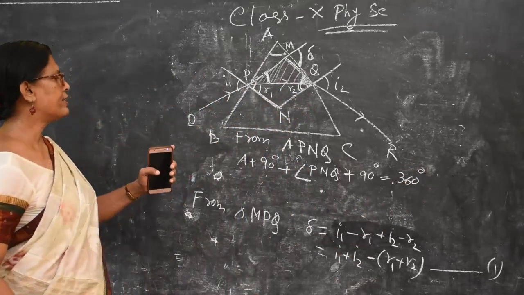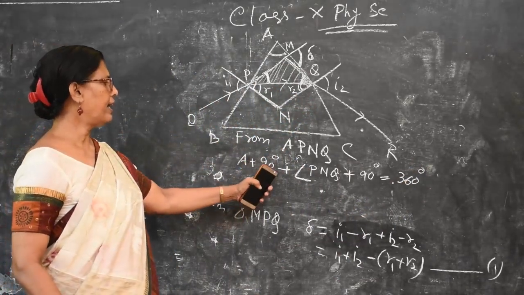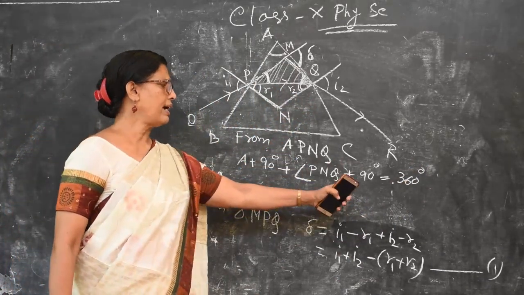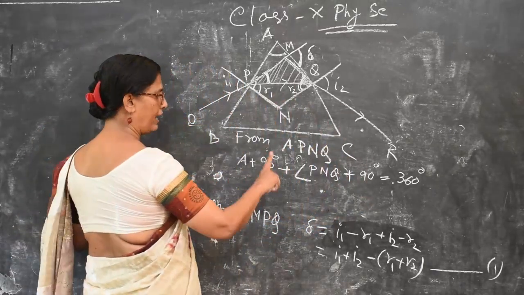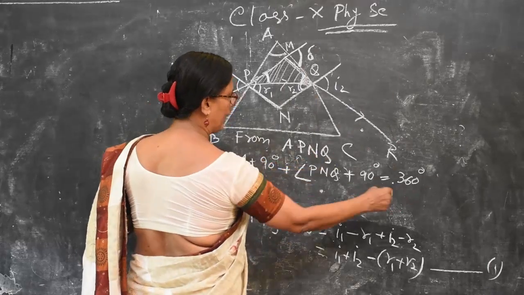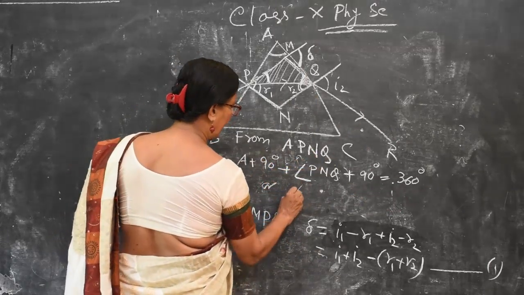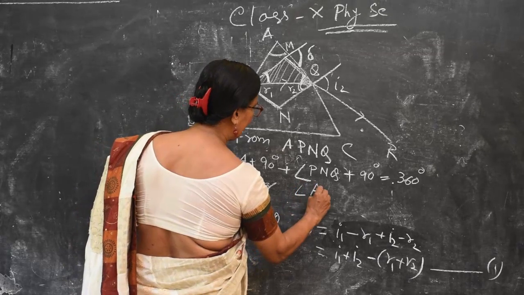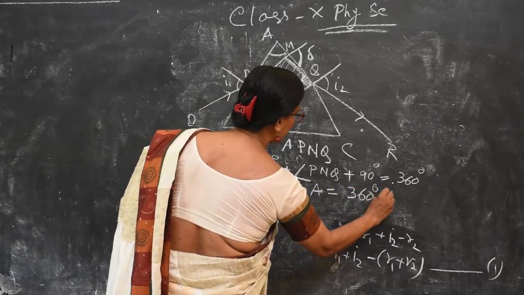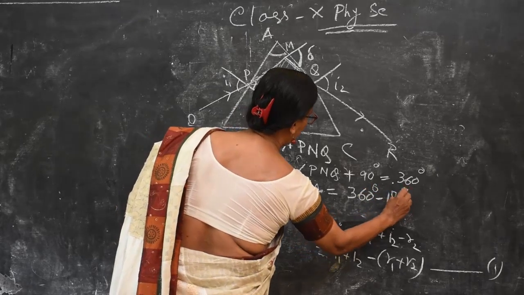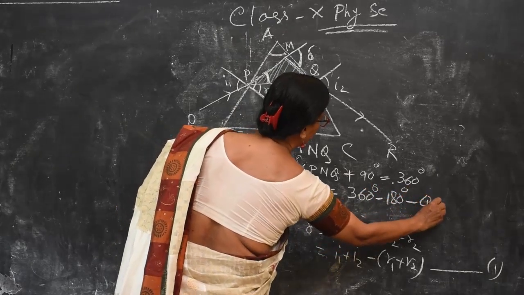Now please see this. 90 degrees plus PNQ plus 90 degrees equals 360 degrees. So these 90s become 180. If 180 is placed on the right hand side, then angle A is equal to 360 degrees minus 180 degrees minus angle PNQ.